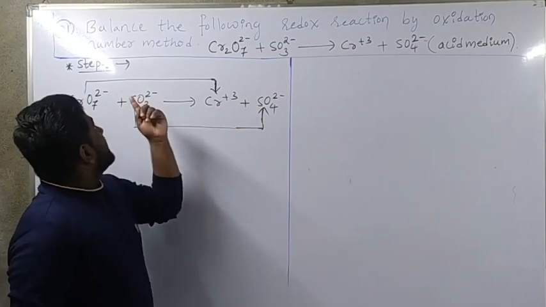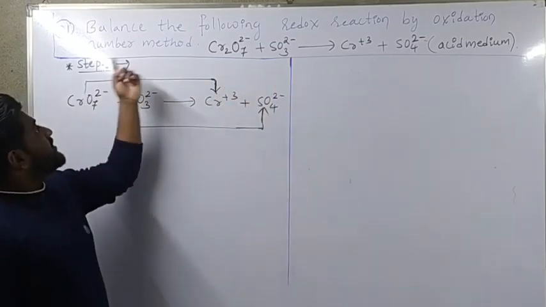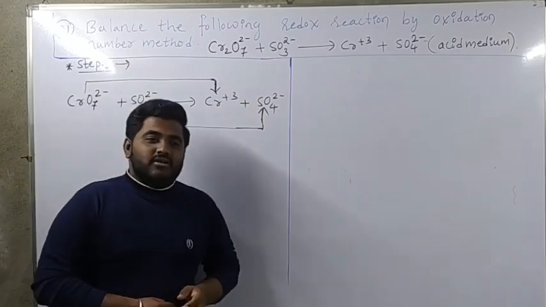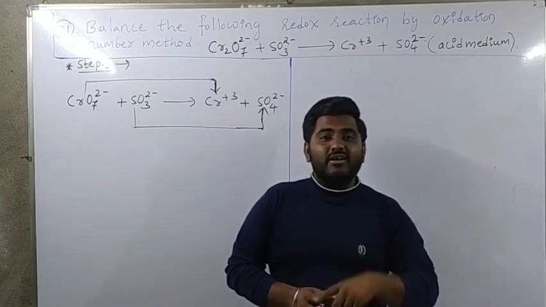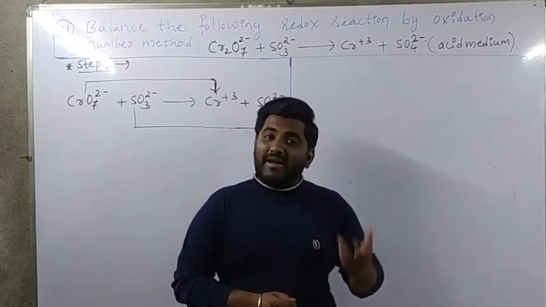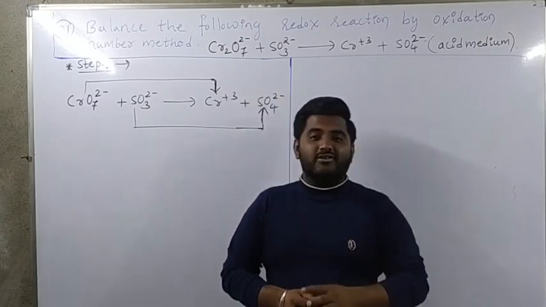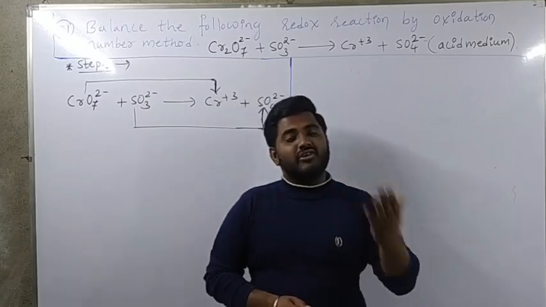So first question I have taken here: balance the following redox reaction by oxidation number method. To balance the redox reaction, usually you have two methods. One is oxidation number method, another one is half cell reaction method. First we'll talk about oxidation number method.